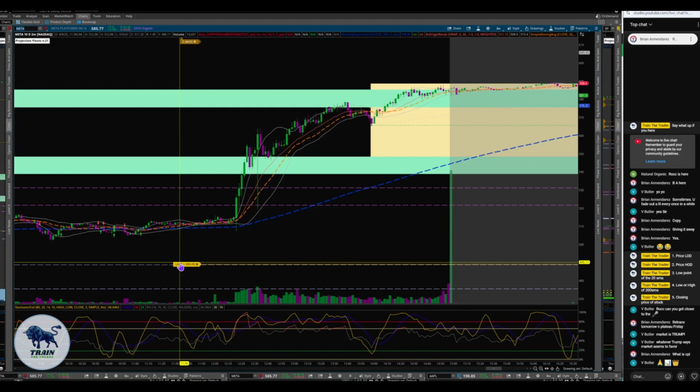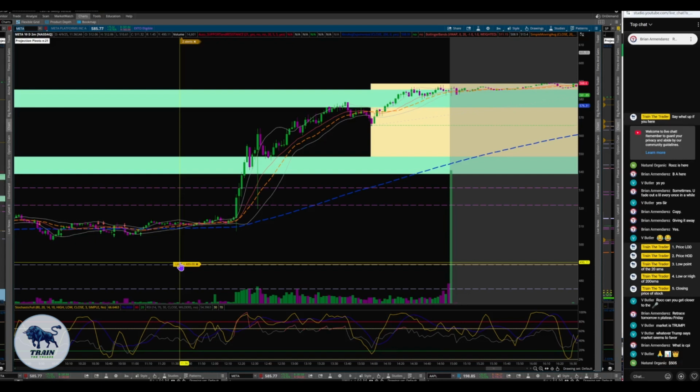At what level do you think Meta needs to retest from the move it made today? 505, down here.